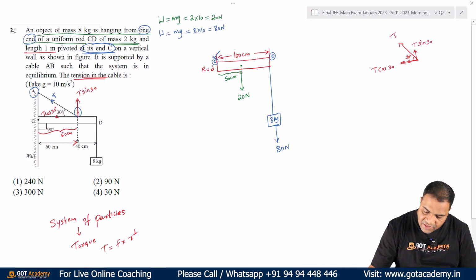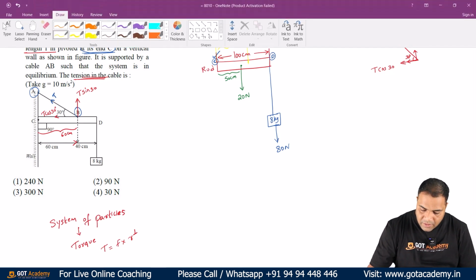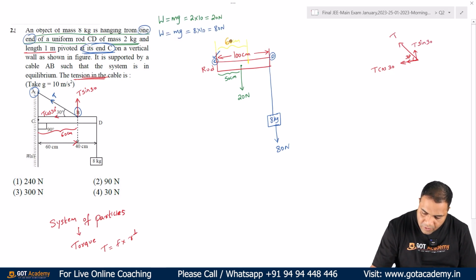Since up to here it is 50, let me take up to this point. Up to this point it is 60 centimeters. Like this.